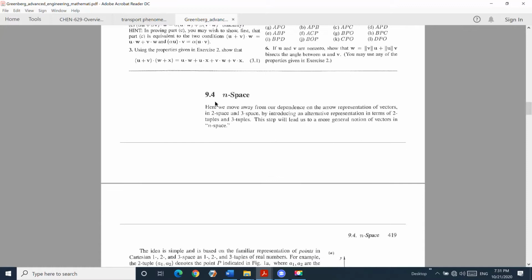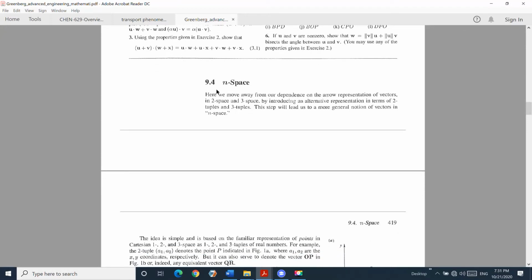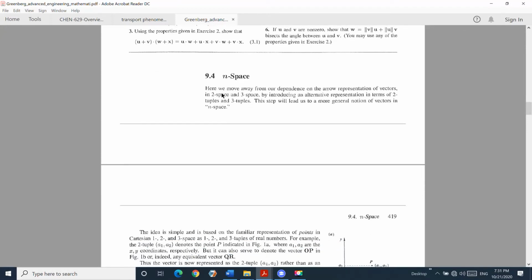Another concept is in section 9.4. We can represent vectors in two-space and three-space by introducing an alternative representation in terms of 2-tuples and 3-tuples. We can represent a vector in any space.